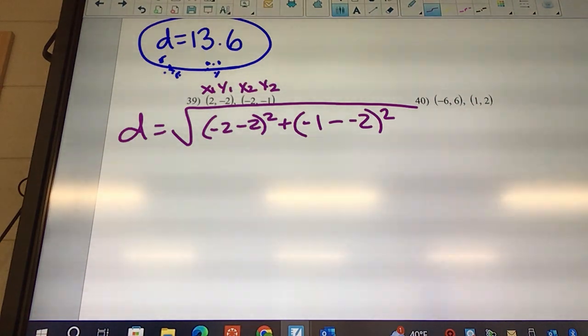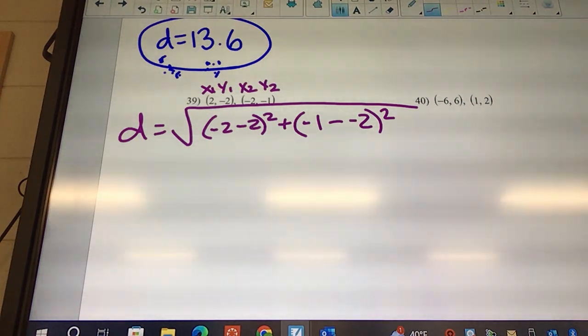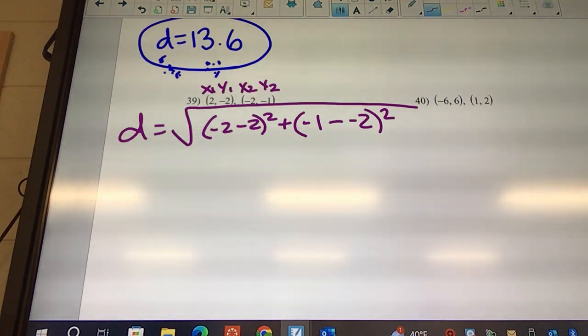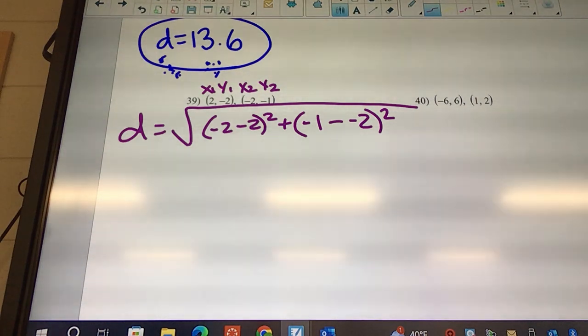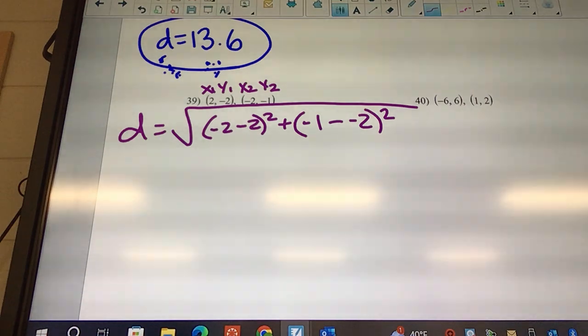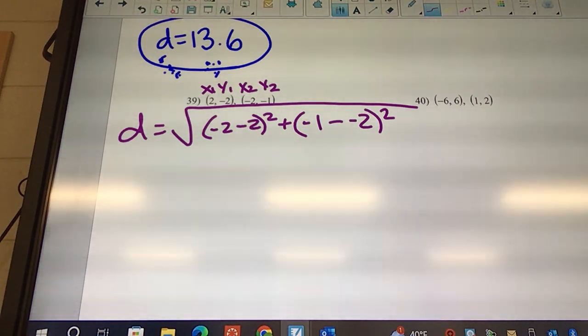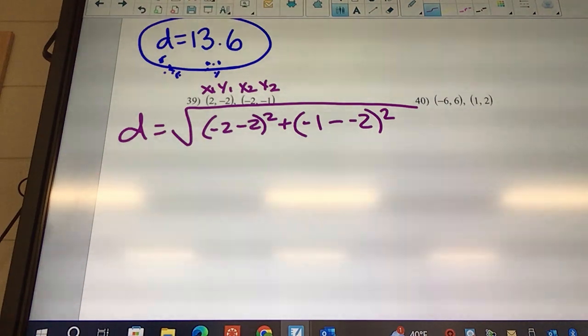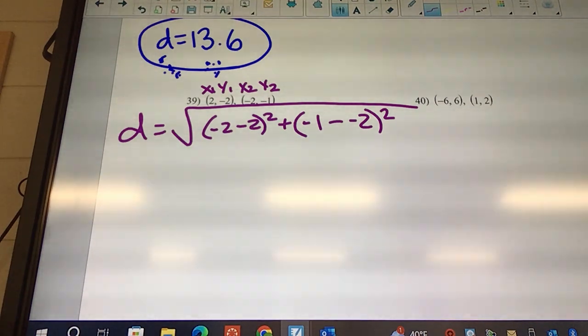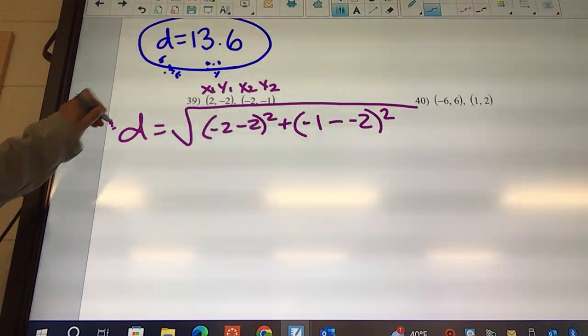Now if you're doing it the short way, you're more than welcome to just type it all in, but you need to have that first line on your paper. If you prefer the long way, you're more than welcome to do the long way on your test. If you like the short way, do the short way, but you at least need to have this part on your test.